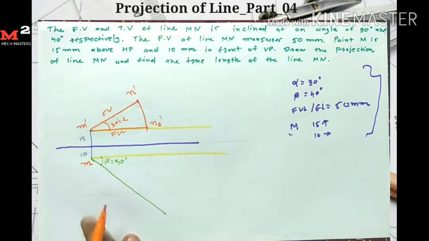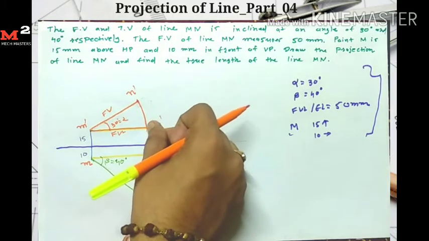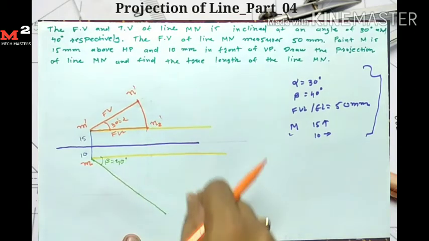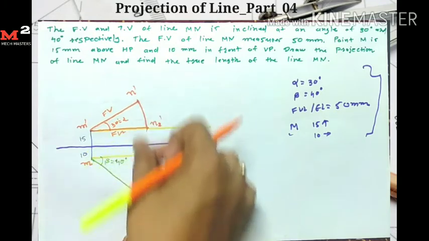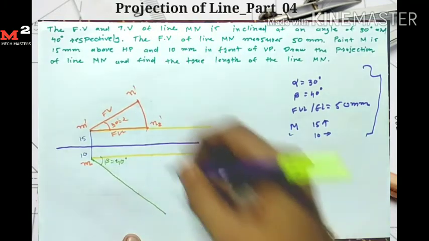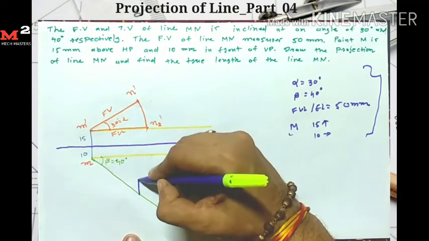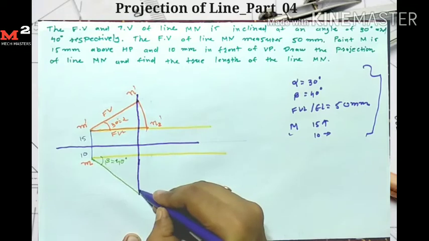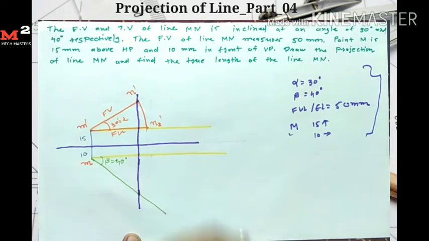Here we do not have the locus of N. So if I take the projection from N2 dash, I don't know where it intersects. But we know that the N dash and N points are on the same vertical line. So from the N dash point I draw one vertical line, which intersects this line here.